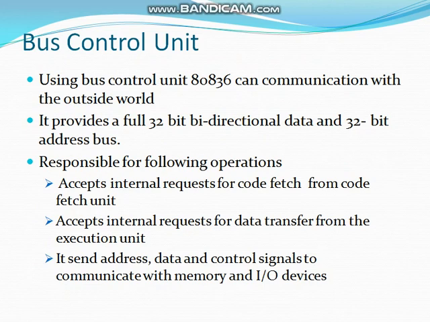First is the bus control unit. The main function of the bus control unit is to communicate with the outside world. It provides a 32-bit bidirectional data bus and a 32-bit address bus. So the full 32 indicates that it has a non-multiplexed data and address bus, unlike the 8086, which has a multiplexed address data bus.